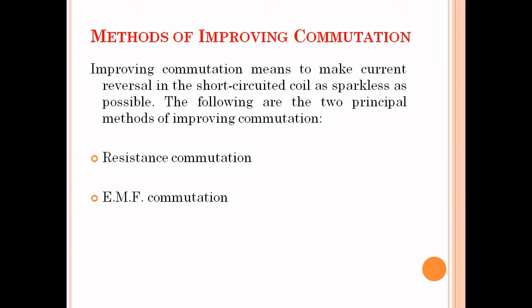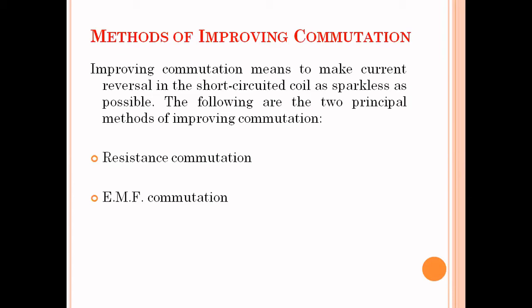If the current is not reversed completely in the armature coil, it leads to sparking. Sparking occurs between the brush and the commutator segment, which may damage both.